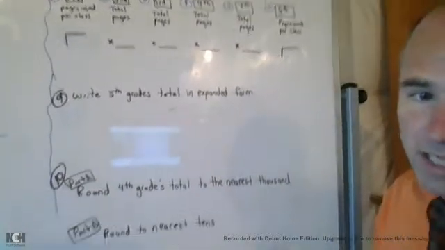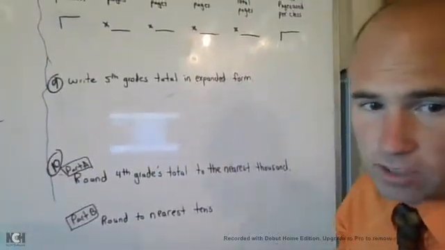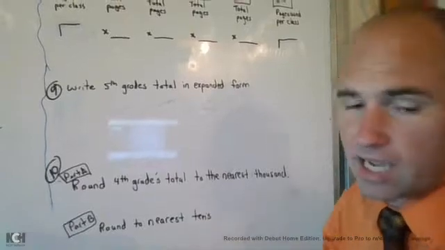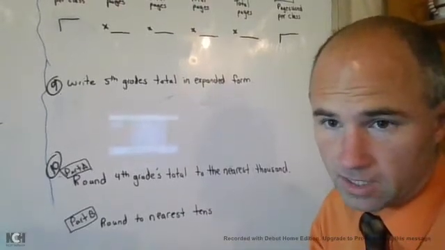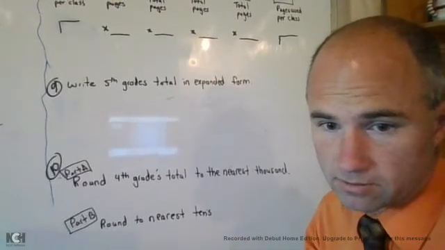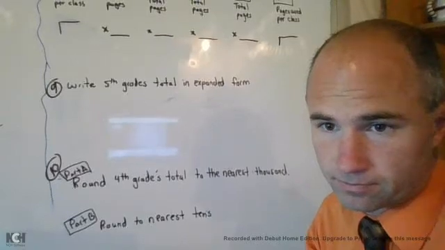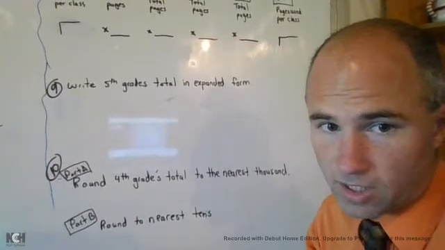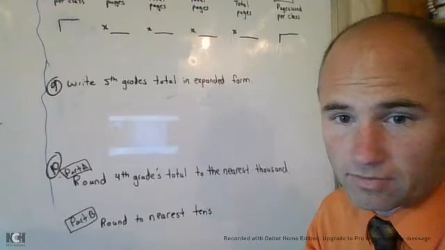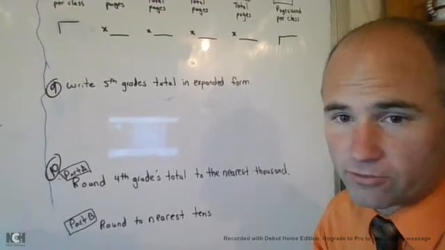Then for part B, you'll take that same number and round it to the nearest tens place and come up with your solution. So that's it. That's what you got to do for today.